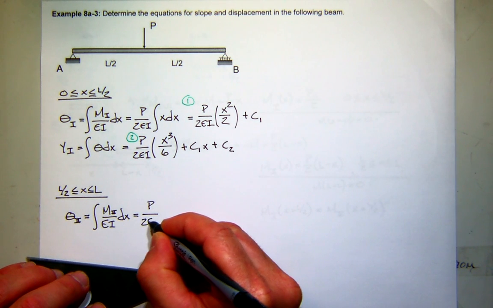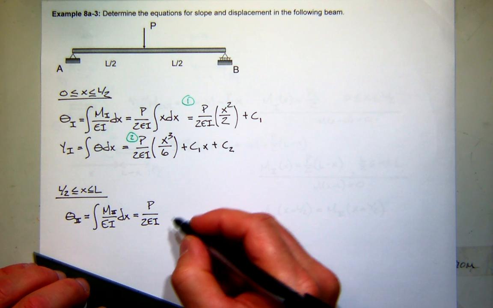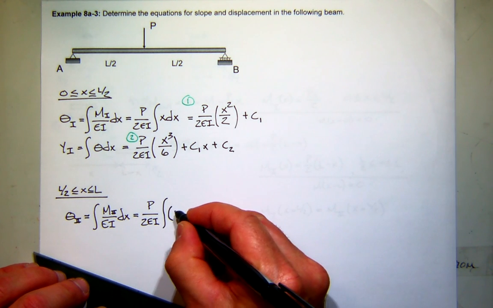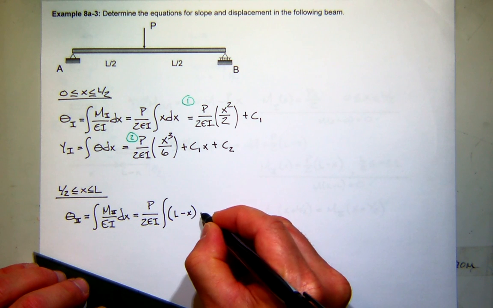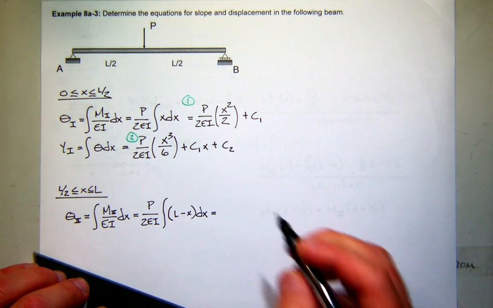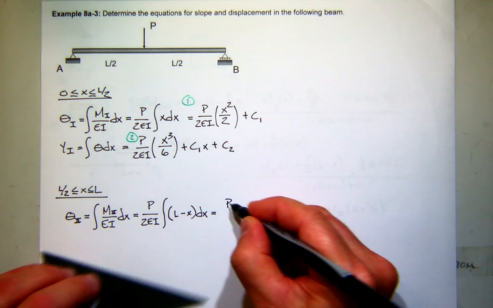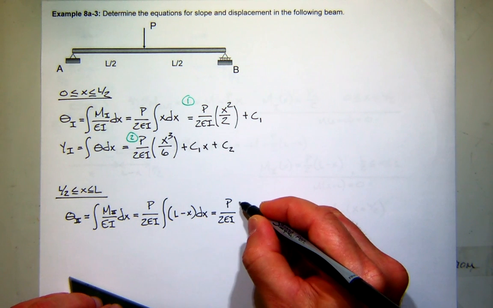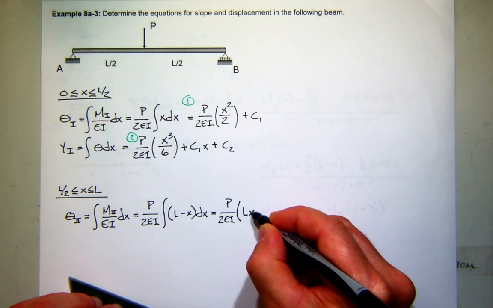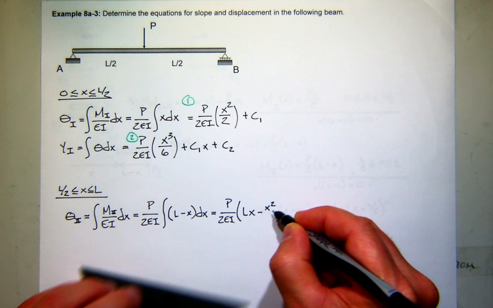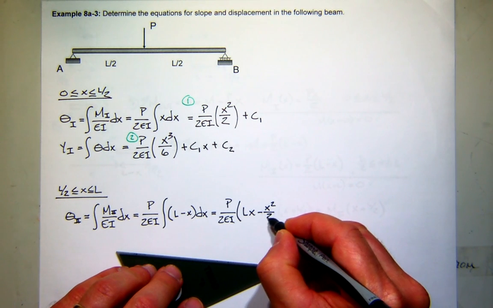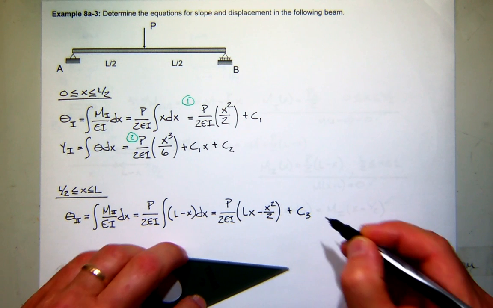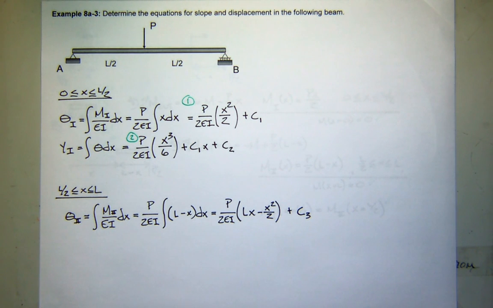So I'll have a P over 2EI on the outside, and then I'll have the integral of L minus x, which is P over 2EI, again the constant, and then inside I'll have Lx minus x squared over 2. And then I'll generate a third integration constant.